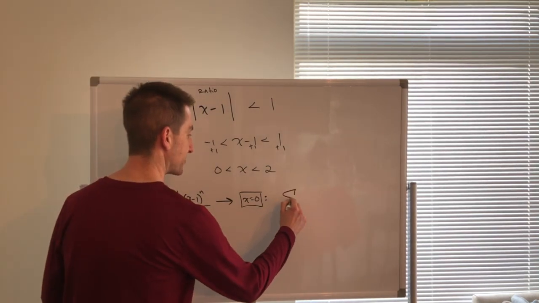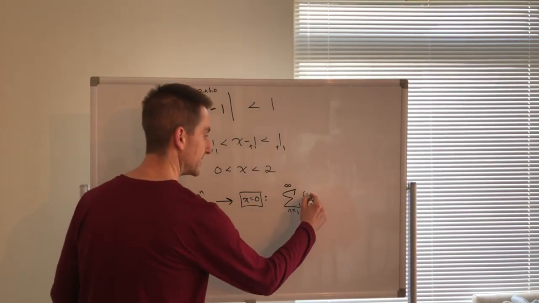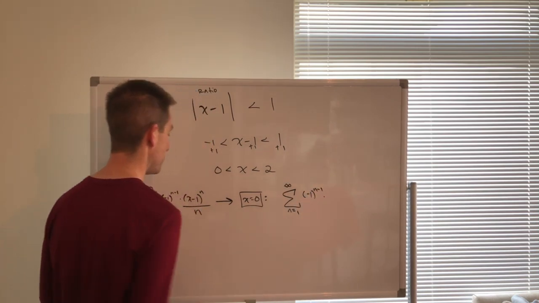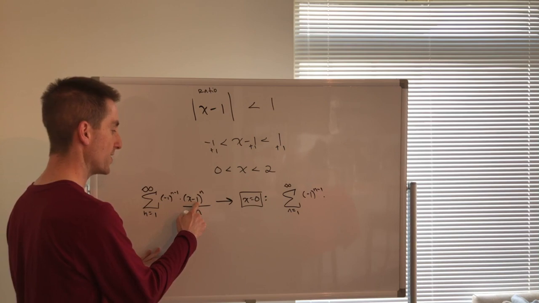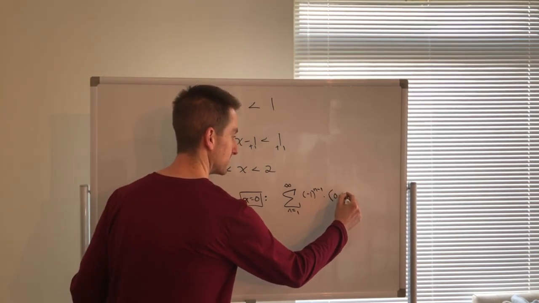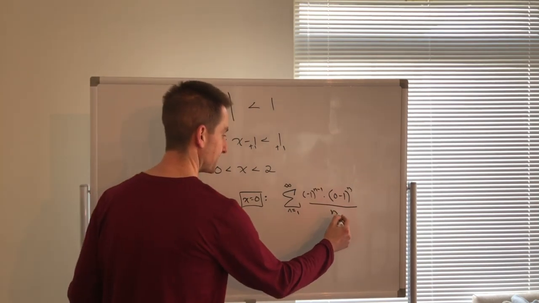So if I have the series from 1 to infinity of -1 to the n minus 1 multiplied by, if I plug in 0, I'm going to get 0 minus 1, which I'm going to show as -1 to the n, all over n.